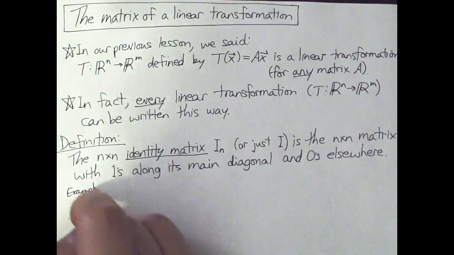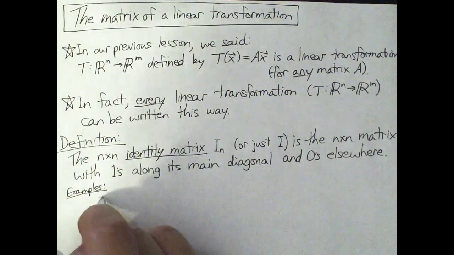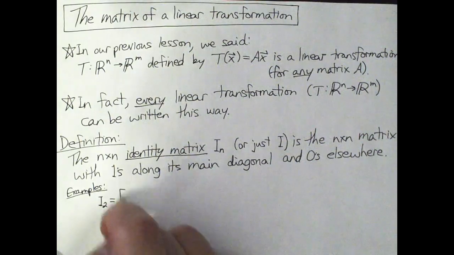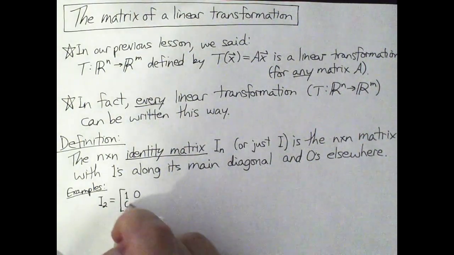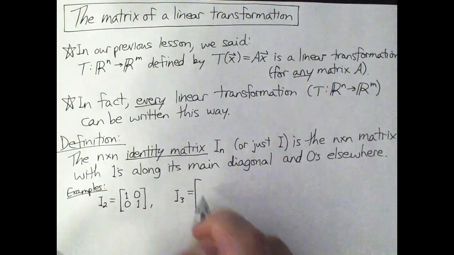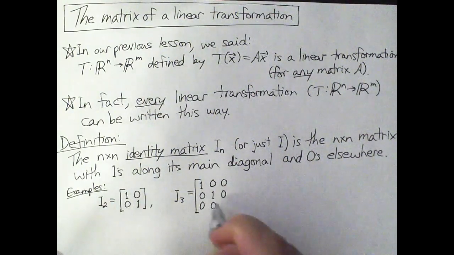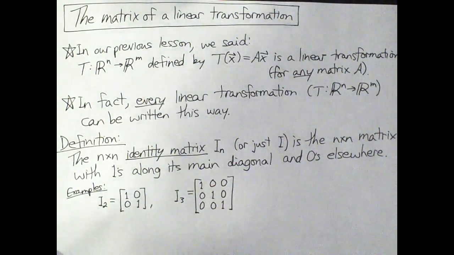Some examples of the identity matrix: I2 looks like this, I3 looks like this. Maybe I3 is a good example, because you can see this is what I mean when I say that there are ones along the main diagonal and zeros everywhere else.